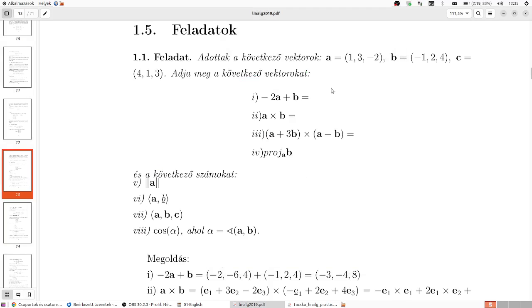I should have done this for a while. Okay, so how will we calculate the angle of two vectors? Perhaps I have mentioned this last time. Yes, I did.